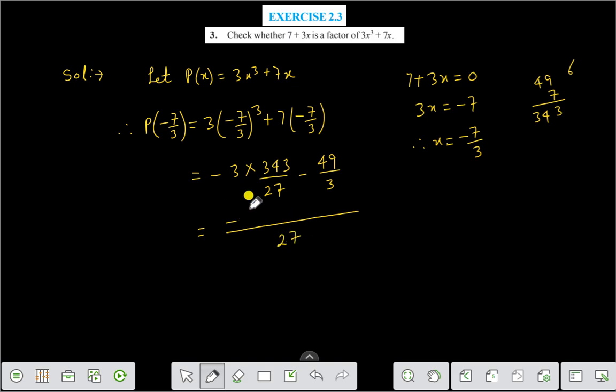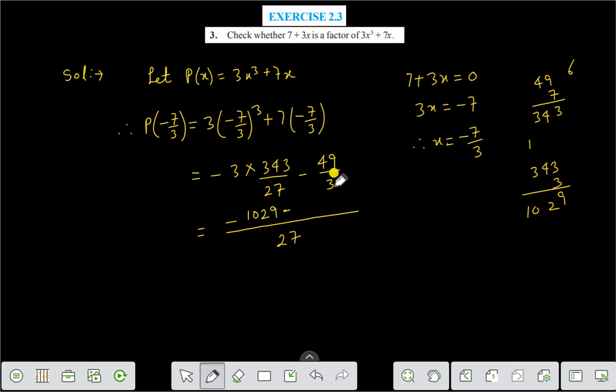It is minus, if we multiply 343 with 3, then we are getting 1029. Minus.